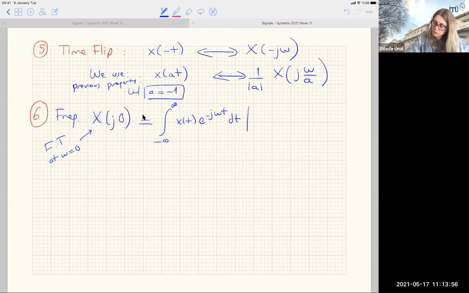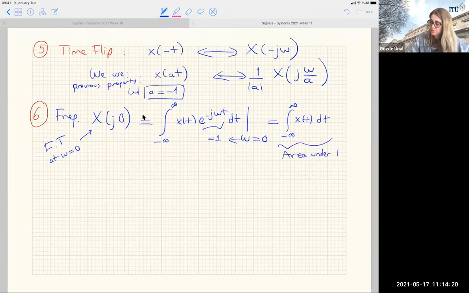We set omega equals 0, and that is the area underneath the signal, integral from minus infinity to infinity of x(t) dt, because with omega equals 0 the exponential becomes 1. So the area under the signal gives me the Fourier transform value at 0 frequency.